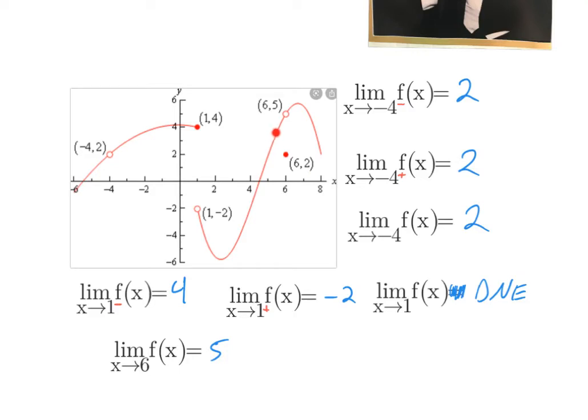And that's not the case. The limit, we don't actually care what's going on at that point. We just care what's happening as we get really, really close to it. Now, it is true that f of 6 is equal to 2, but the limit would be 5.